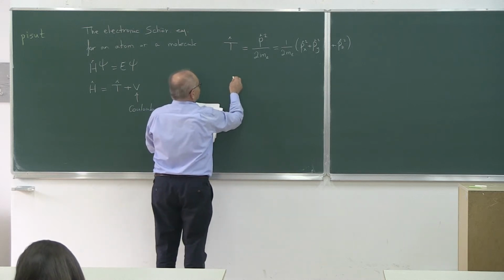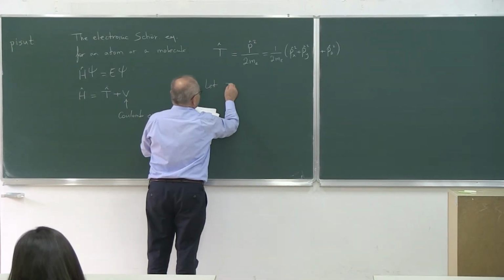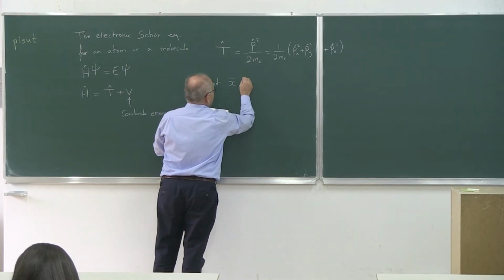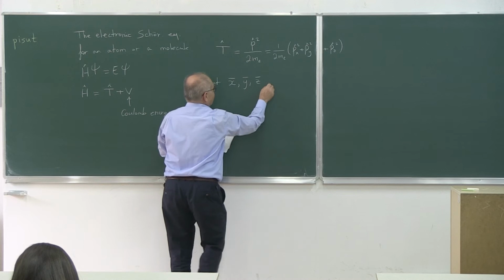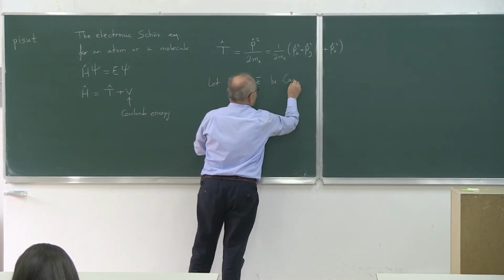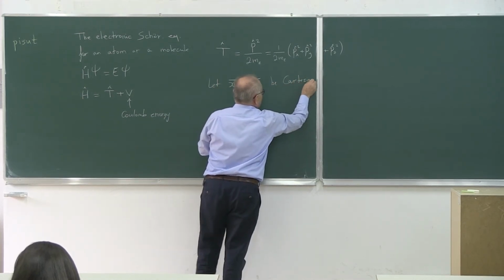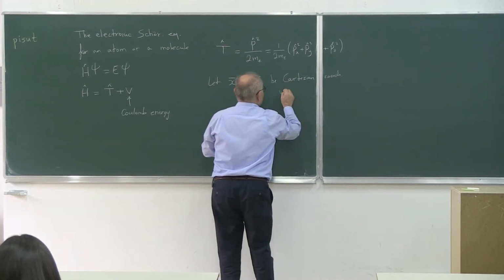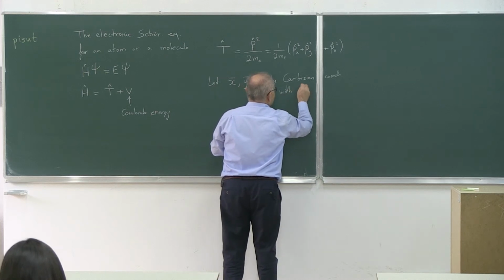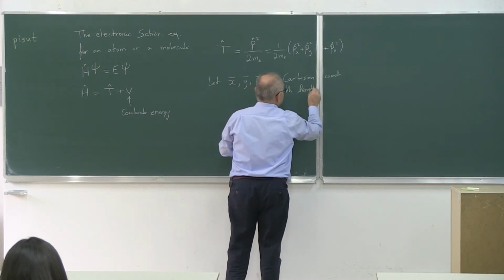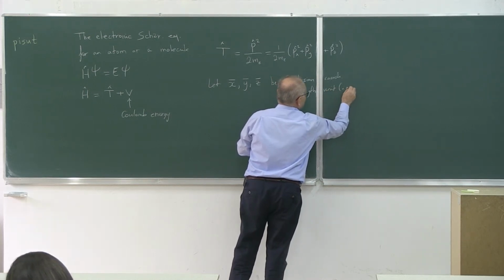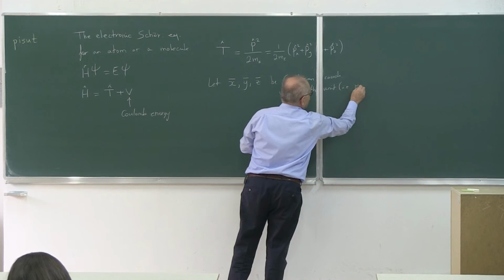Now, let us use the following notation. X bar, Y bar, and Z bar be Cartesian coordinates with length unit. In other words, in SI it is meters.